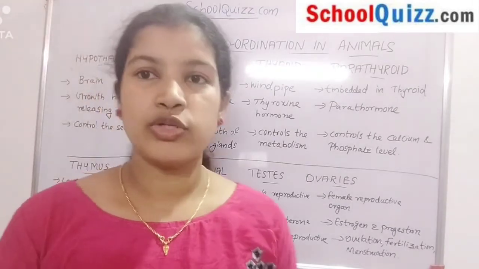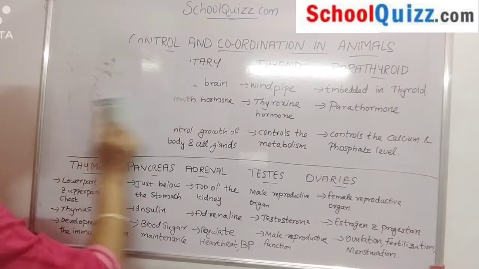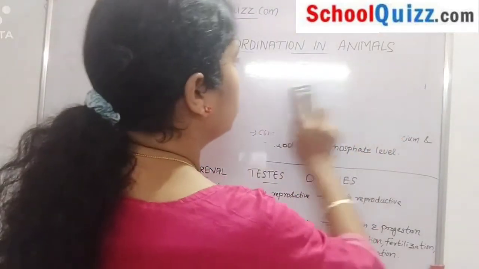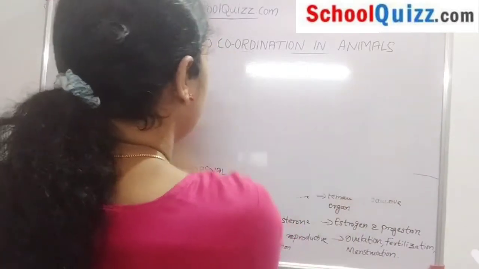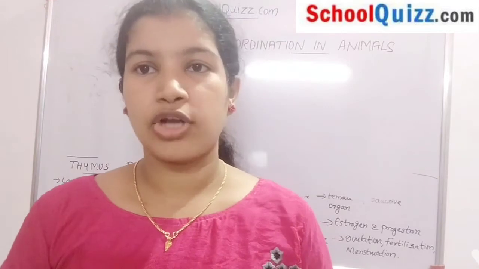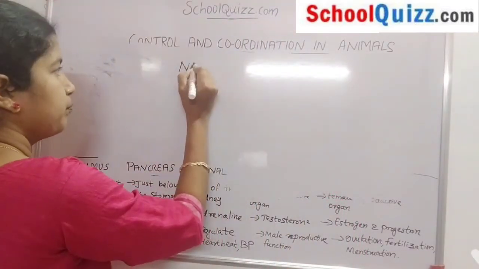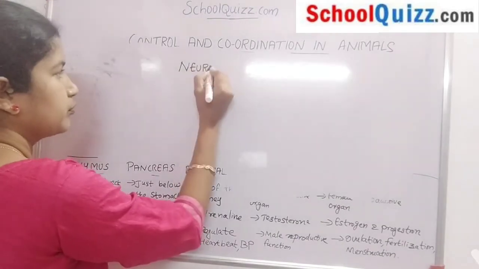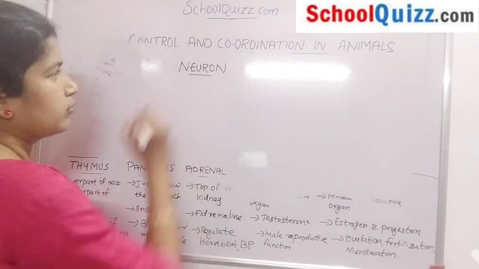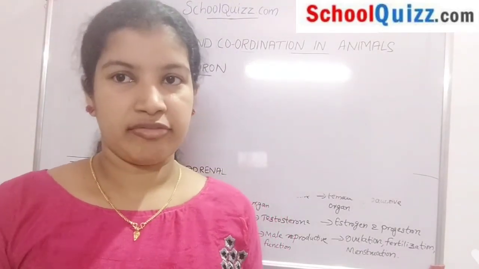Okay, then I want to add one thing. That is the structure of a neuron. The basic part of a nerve is the neuron. We had studied it at the first.